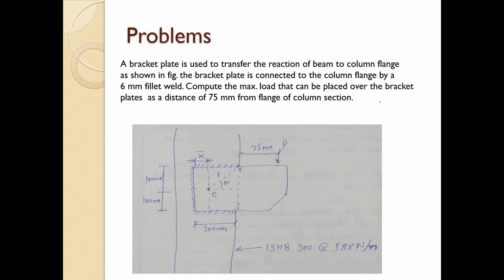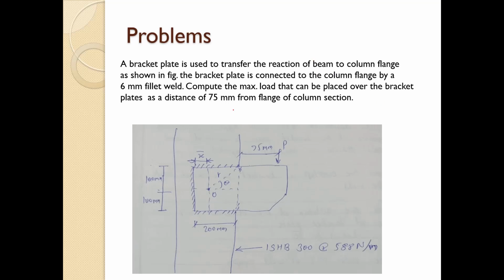Now the problem. Here a bracket plate is used to transfer the reaction of the beam to the column flange as shown in the figure. The bracket plate is connected to the column flange by 6 mm fillet weld. So here the size of weld has been given. Compute the maximum load; here we are going to evaluate the capacity of the connection. Compute the maximum load P placed over the bracket at a distance of 75 mm from the flange of the column section.